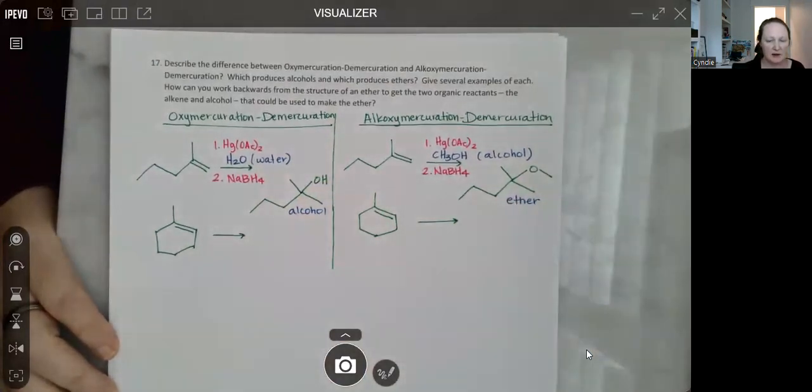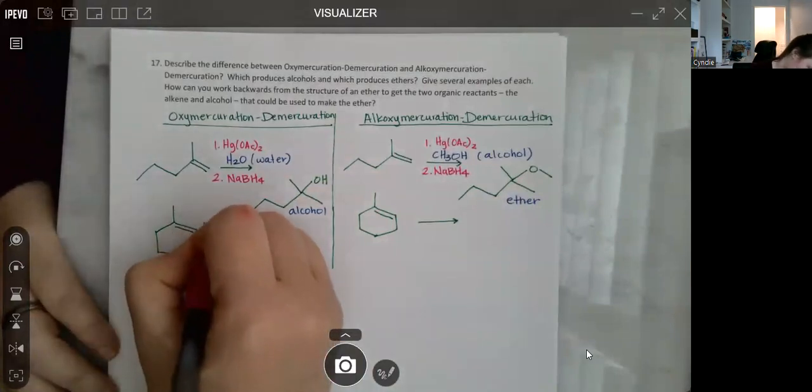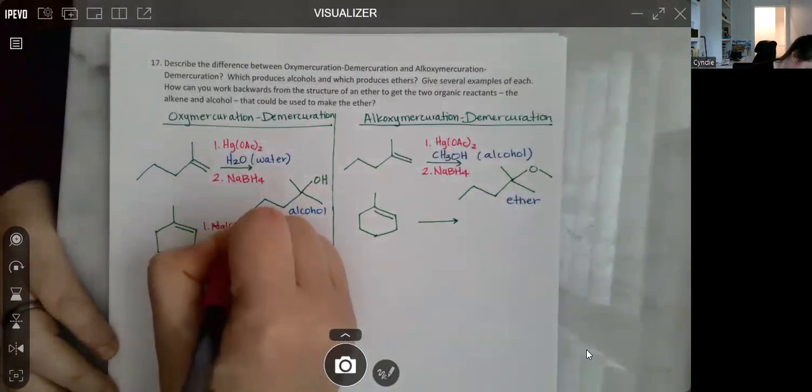All right, so we have another example as well. Again, we'll just copy out the reagents from up above.